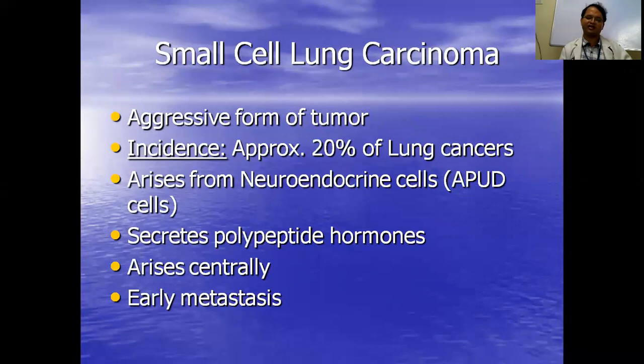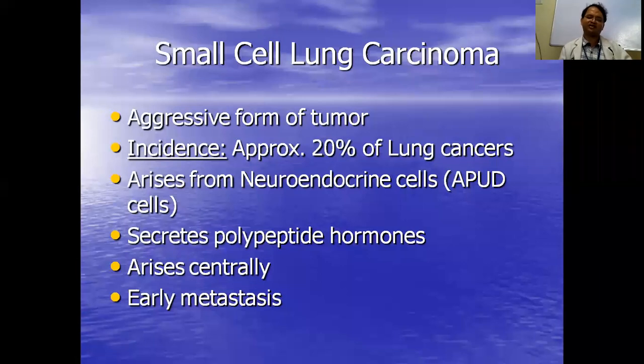These cancer cells arise from the neuroendocrine cells, APUD cells, amine precursor uptake decarboxylation cells, and these cells secrete polypeptide hormones. These hormones are responsible for the paraneoplastic syndromes. We'll discuss this later. Paraneoplastic syndromes occur in 10% of the cases of only small cell lung cancer.